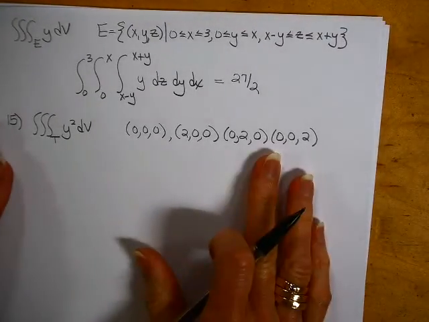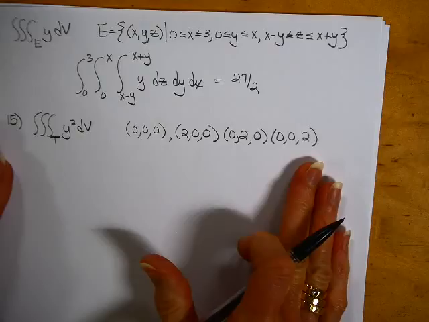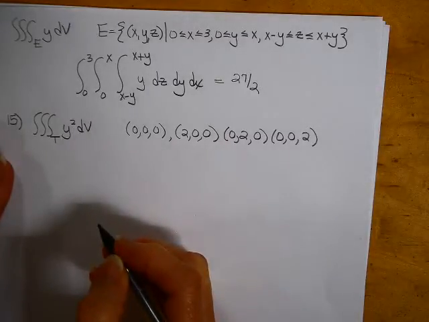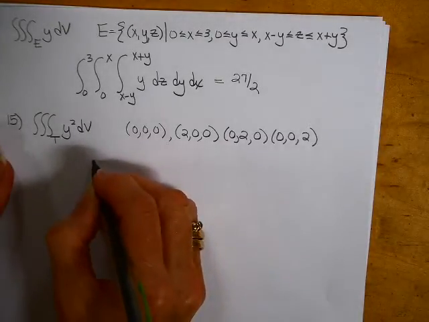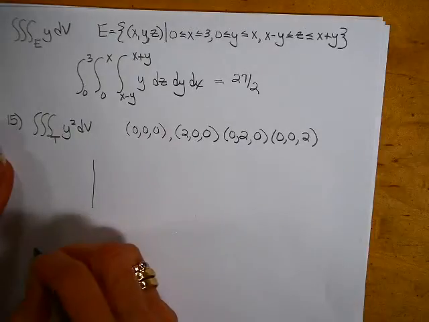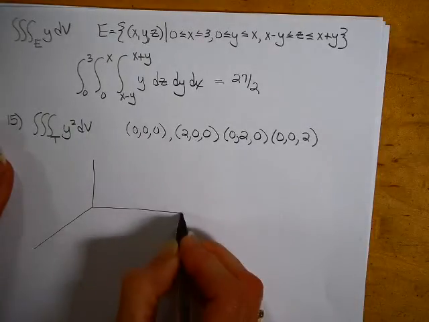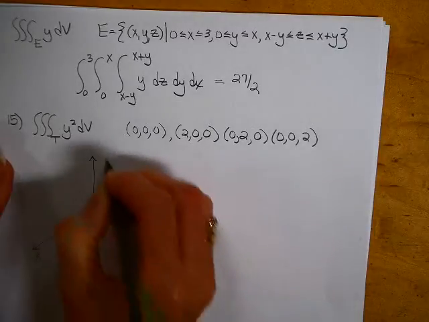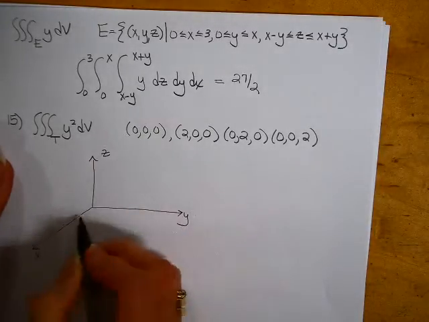All right, you need to plot this in 3 dimensions, and you're probably going to have to plot it in 2 dimensions also. Okay? So let me start by looking at 3. This is my x, this is my y, this is my z. I know I need some 2's.